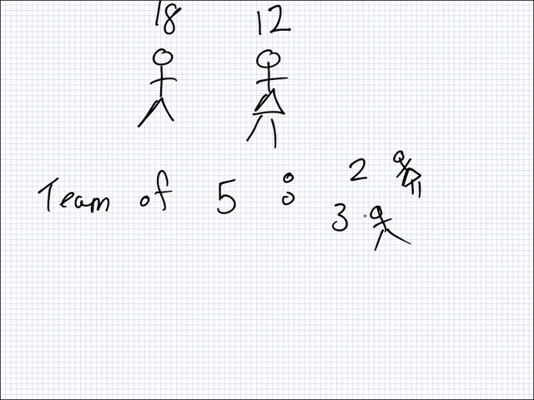What do you mean? You're saying you have to have 3 males and 2 females? Yeah. Or is it or and? And. Yeah. Could be.